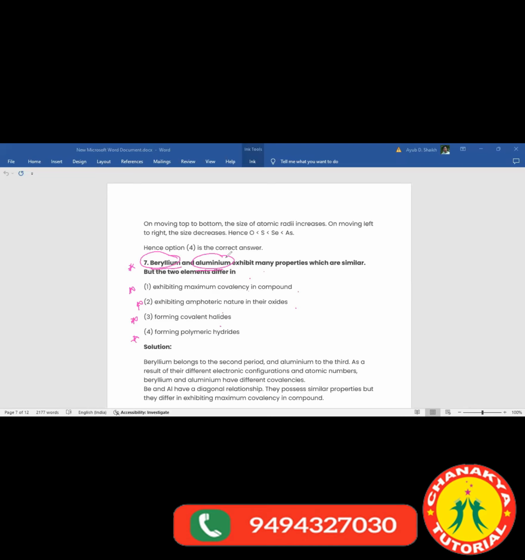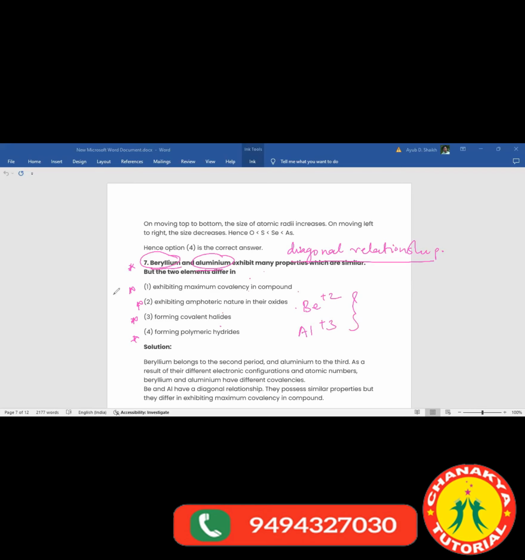Now, as we know, beryllium and aluminium in the periodic table show a diagonal relationship. As they have a diagonal relationship, they have similarities in their properties. But if you see, beryllium's valency is +2 and aluminium's valency is +3. They have different covalencies.